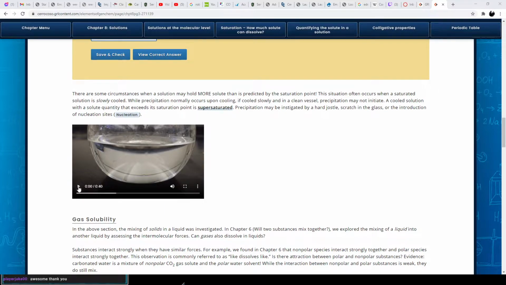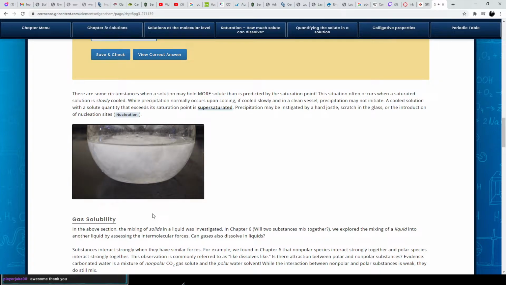So here we are. This is a supersaturated solution. You can see right here it's just a clear liquid. But we're going to see what happens when I add just a little disturbance to this. There we go.